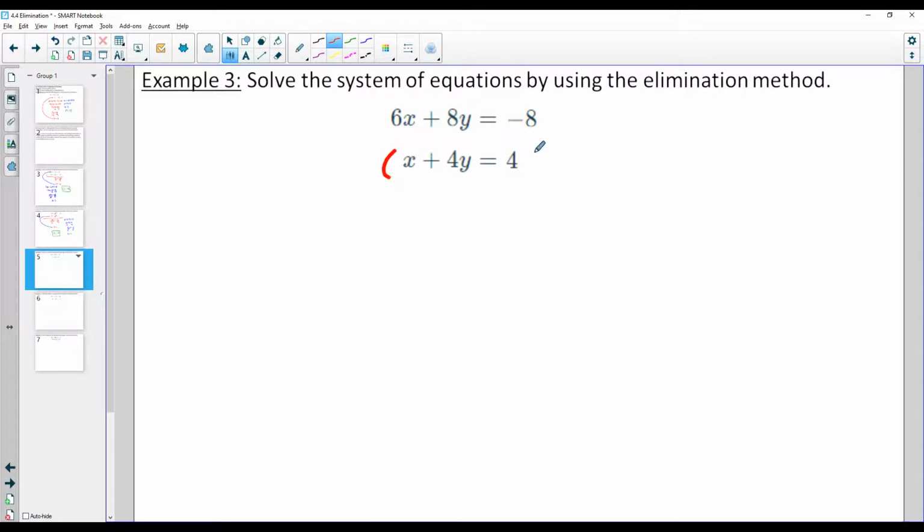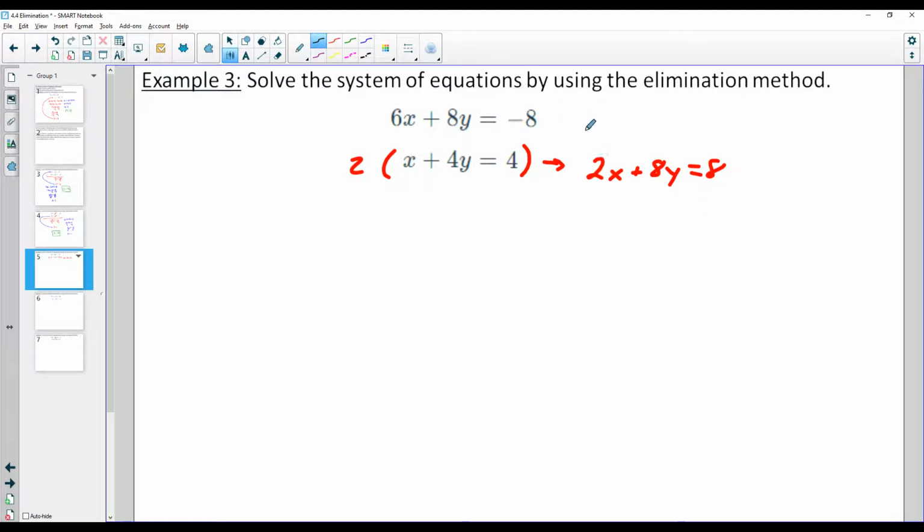So let's do that. I'm going to multiply this whole equation by 2. And what happens when I do that is I'm going to get 2 times x, which is 2x. Then I'm going to get 2 times 4y, which is 8y. Then we have that equal sign, and then 2 times 4, which is 8.